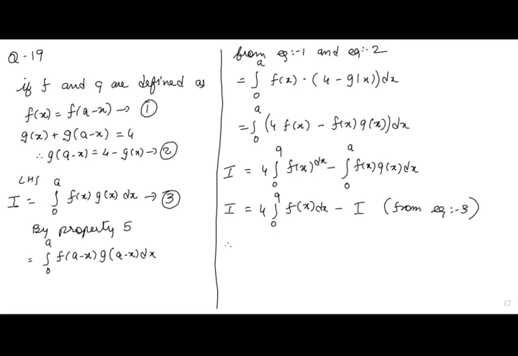So minus I, it will go over here, it will become 2I. Therefore the value of I is 2 integral 0 to a f of x dx, which is our right hand side, hence proved.